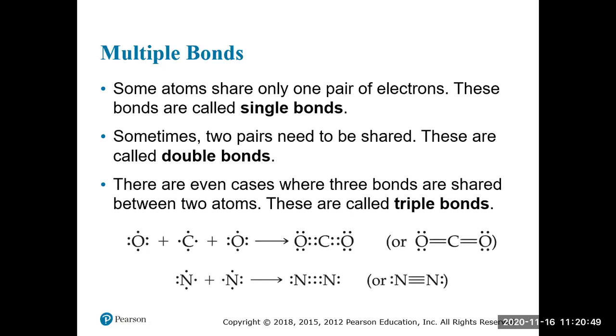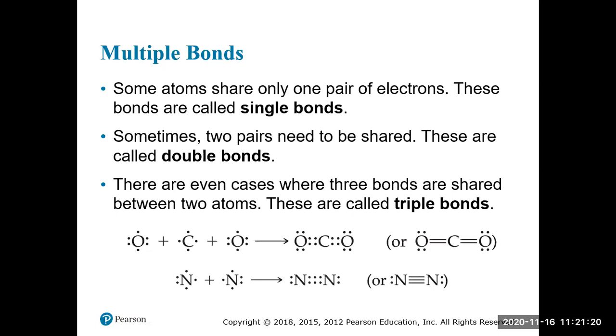And what we see is that in order to get the octet, in other words, 8 electrons around the carbon and the oxygen both, one way of doing that is by having double bonds between the carbon and the oxygens. So if you count up those electrons around the carbon and around the oxygen, then in each case you can satisfy the octet rule by sharing electrons in those double bonds.